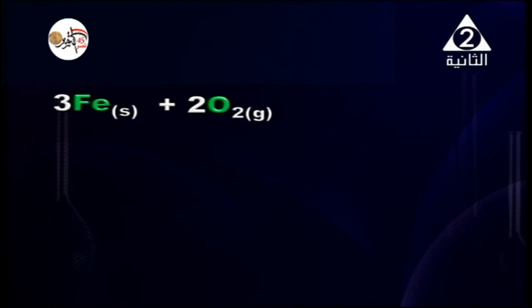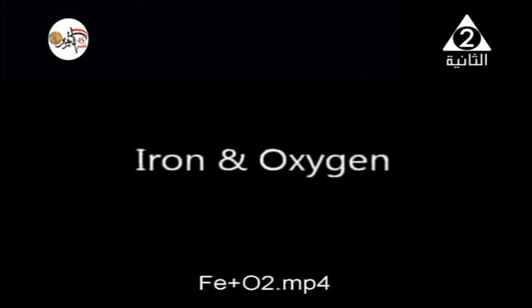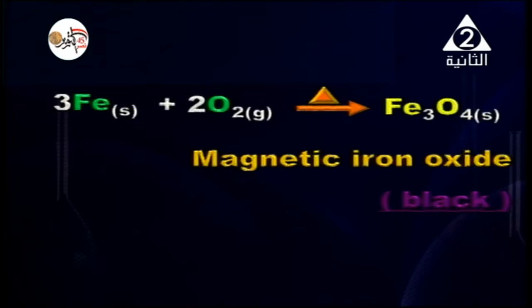As the equation on the screen shows, 3Fe plus 2O2, by heating, gives Fe3O4, which is magnetic iron oxide, or black iron oxide, as the following animation shows. When iron burns in oxygen, it forms the black iron oxide Fe3O4, which we call magnetic iron oxide.